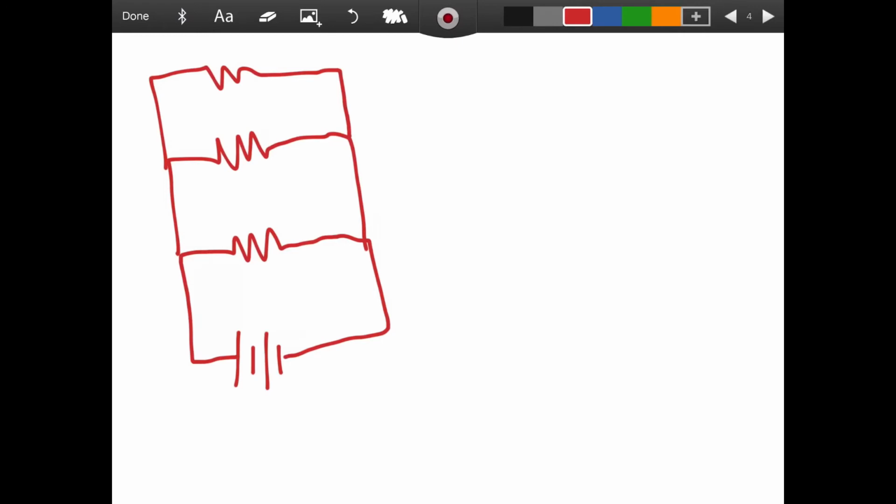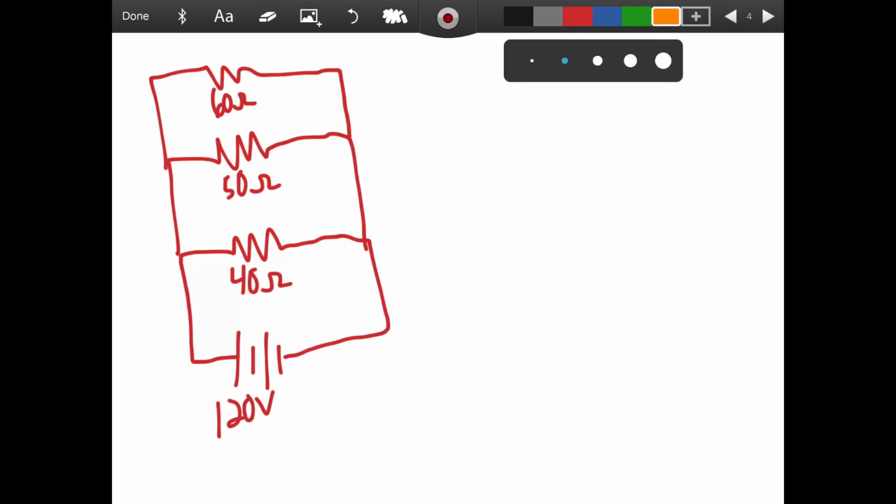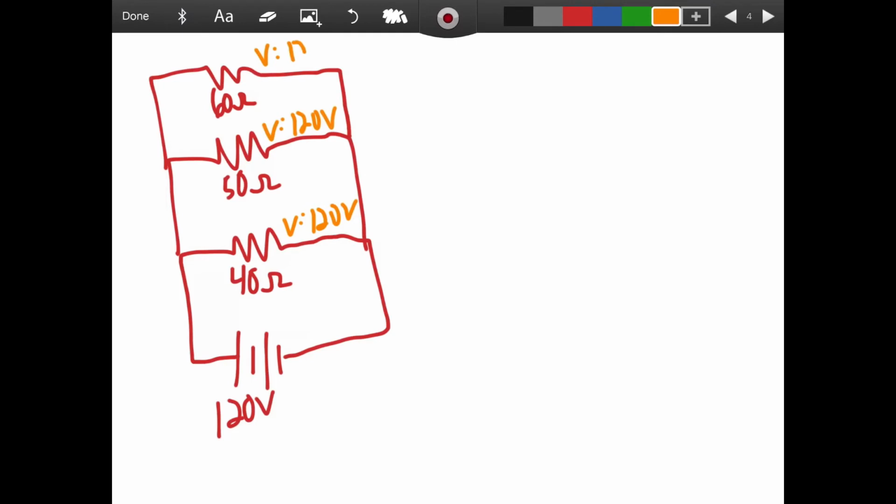Now, I said that R1 is 40 ohms, 50, and 60 ohms. So these are going to be the values of my resistors, and we'll keep it as a 120 volt battery. Now, the nice thing about a parallel circuit is I don't have to measure the voltage anywhere, because no matter where I am, if my battery has a voltage of 120 volts, at resistor 1, it's 120 volts, at resistor 2, it's 120 volts, and at resistor 3, it's 120 volts.